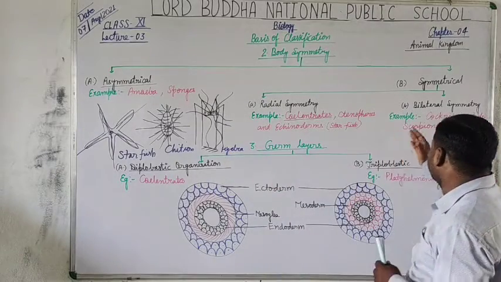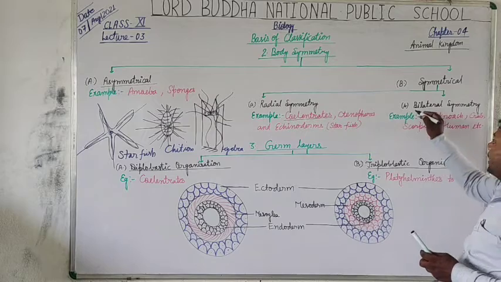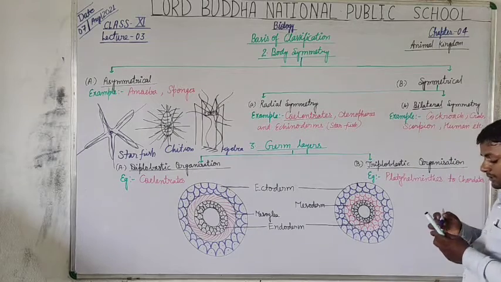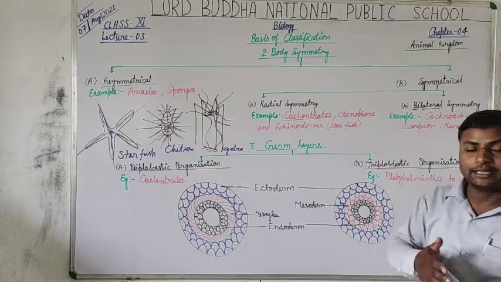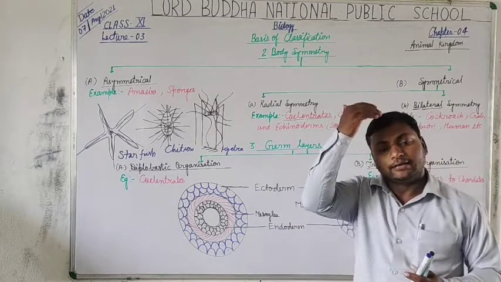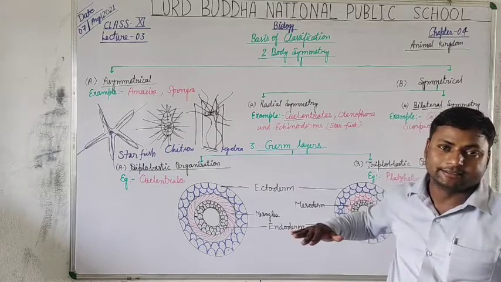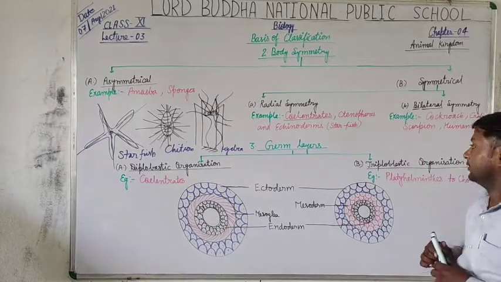Now, bilateral body symmetry. As the name suggests, bi means two, and lateral means from the side or any particular plane, as along the y-axis or along the x-axis. Is that clear, students?